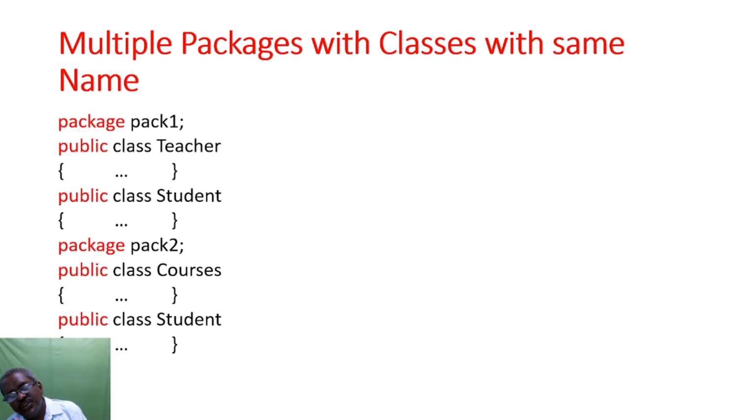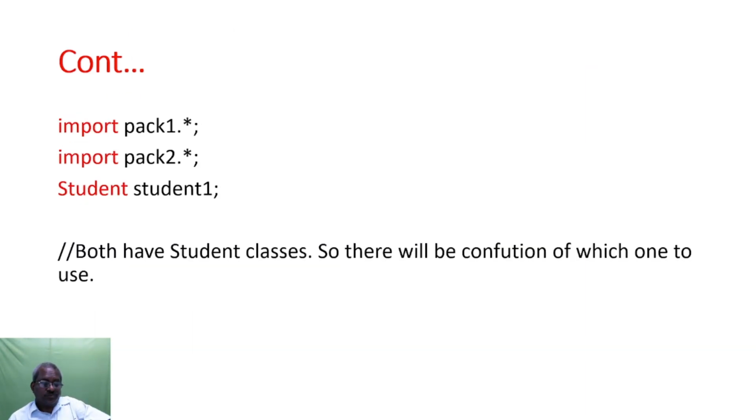So student is a common class between package 1 and package 2. Here we import package 1 dot star, package 2 dot star. Both we are importing student. Actually, will this work?